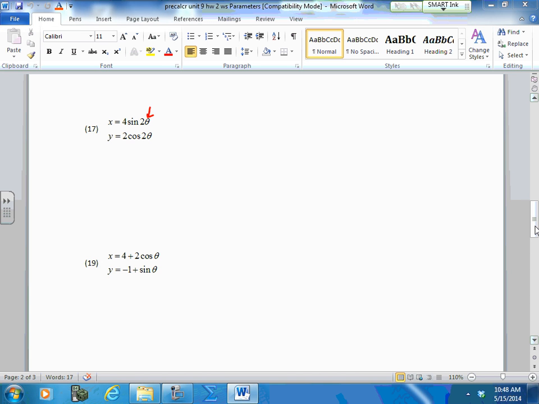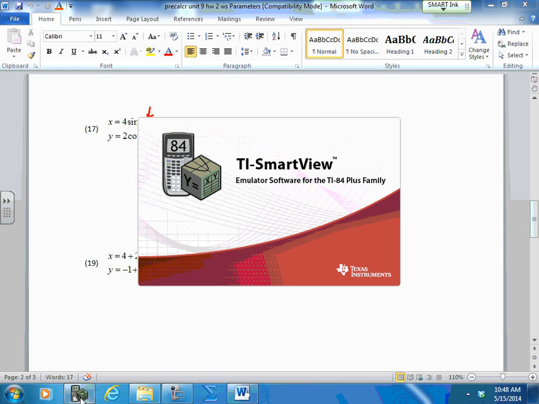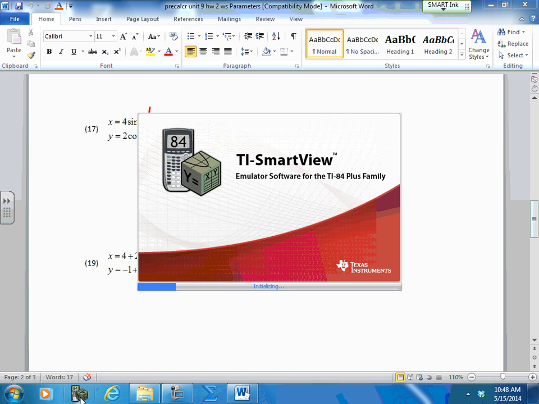Now, okay, get your calculators handy. Let's see what this guy looks like. What was it? Y equals 2 cosine 2 theta, and x equals 4 sine 2 theta. That's the parameter.